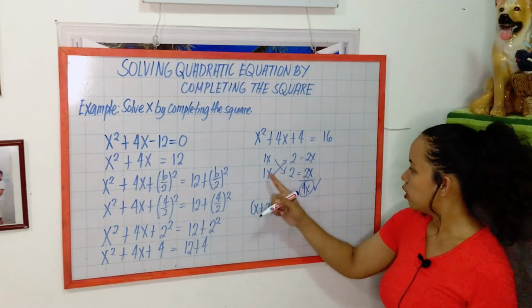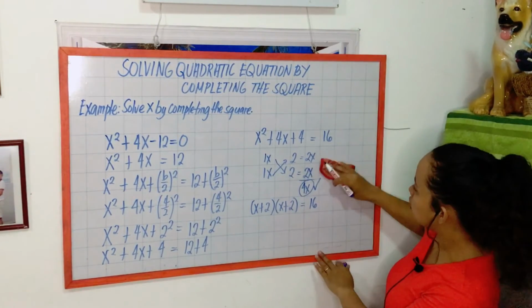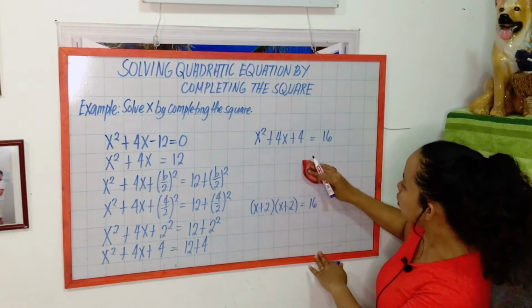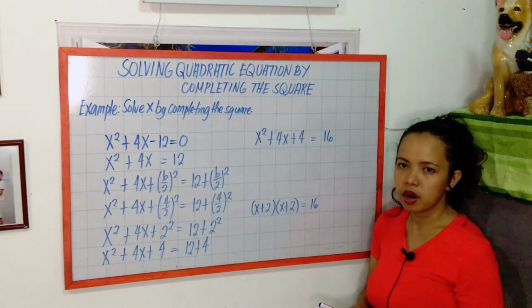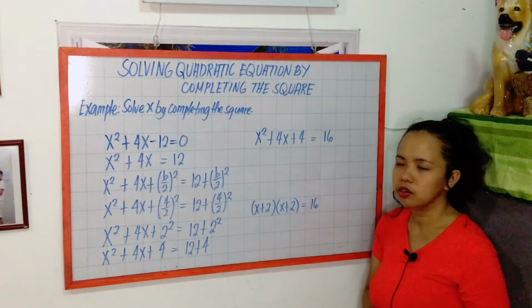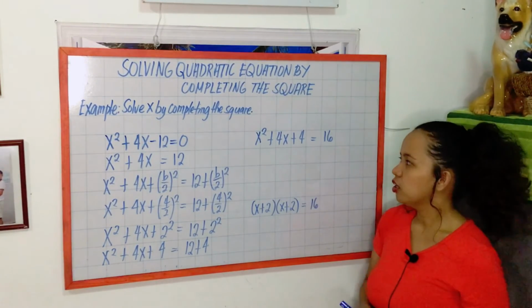Susulat natin across is equal to 16. Pwede natin itong i-erase. By the way, yung factoring technique, pwede natin siyang i-practice kasi sa una, mahirap talaga siyang gawin. Pero pag na-master mo na yung ganong technique, madali na lang siya.